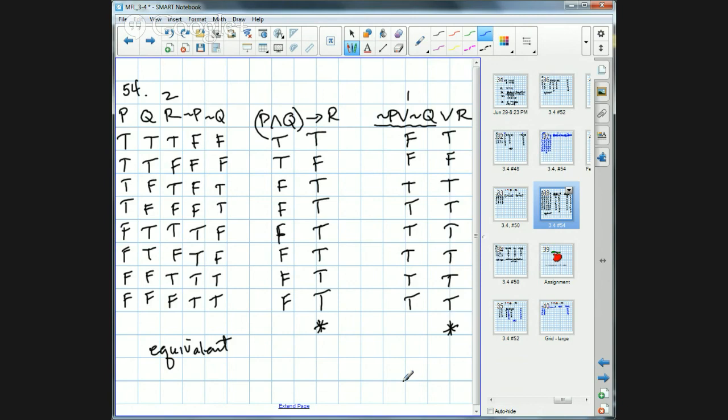You have to if-then one and then the other. So if this would have failed, then we would have had to do this. Kind of erase everything underneath, which I'm not going to do right now. You have to take all of this and try if-thenning this, and see if it turns out to be a tautology.